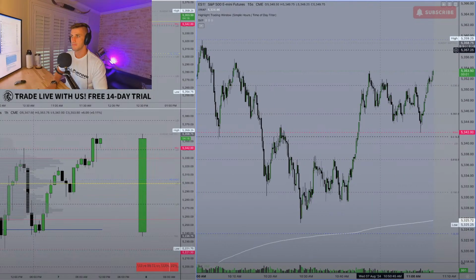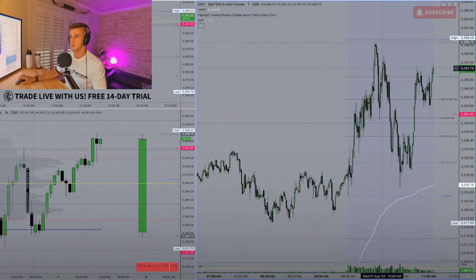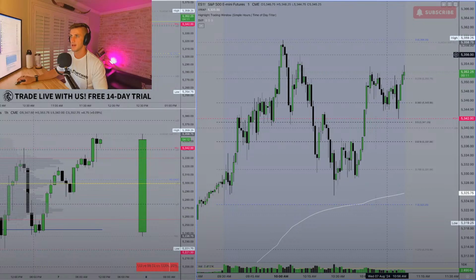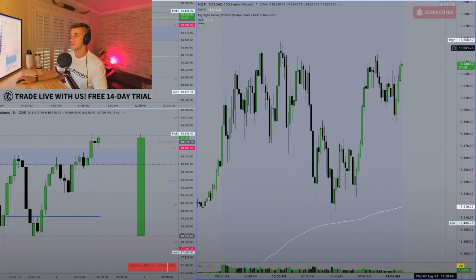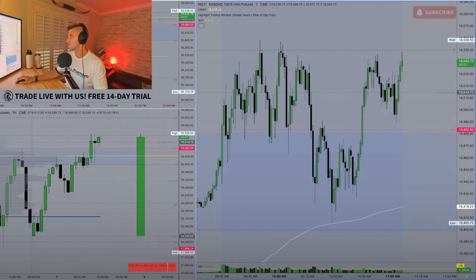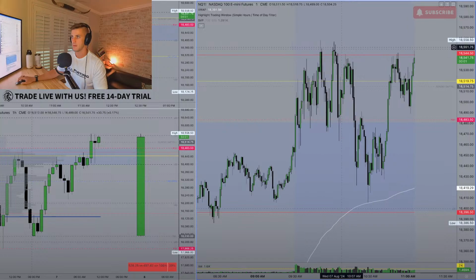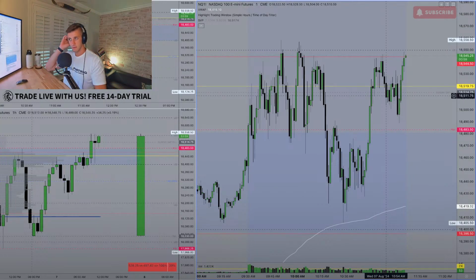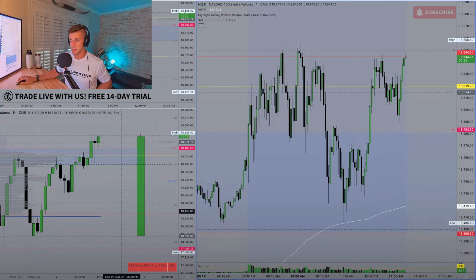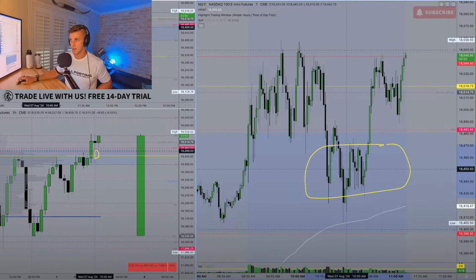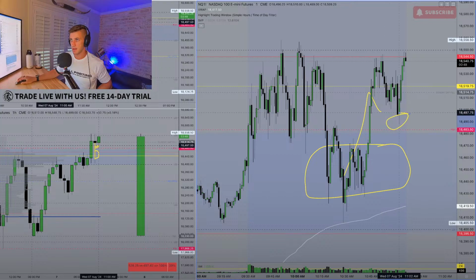And ES pushing now. See if it can retest the highs. There's NQ back at 550. See if a new high is made. So we had talked about this structure resolving and then given a retest of that prior day high.